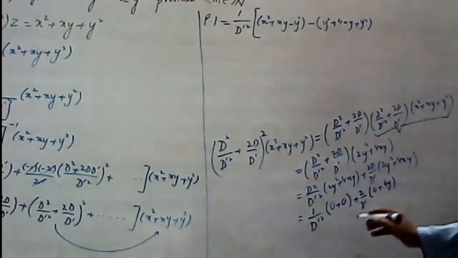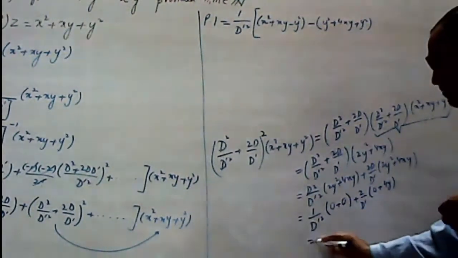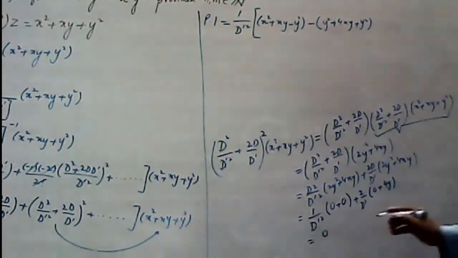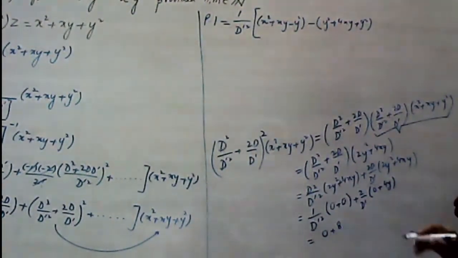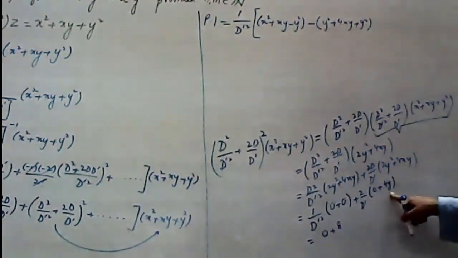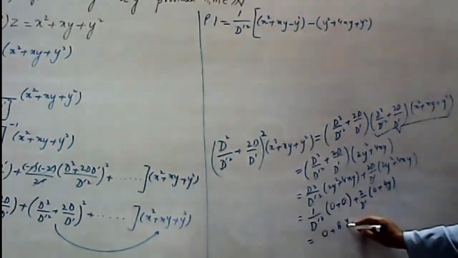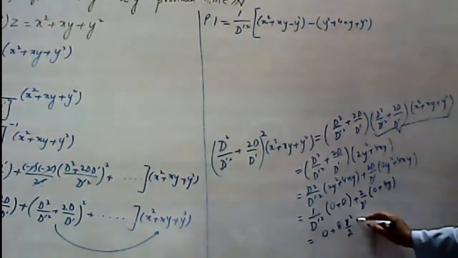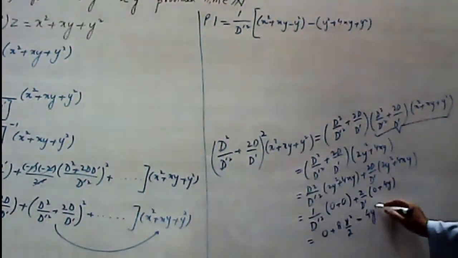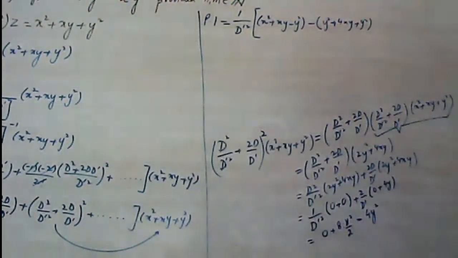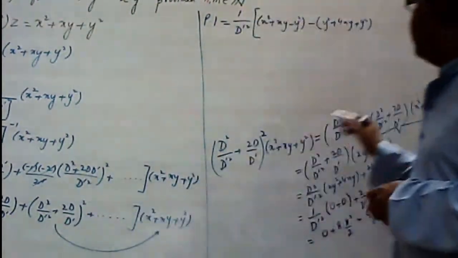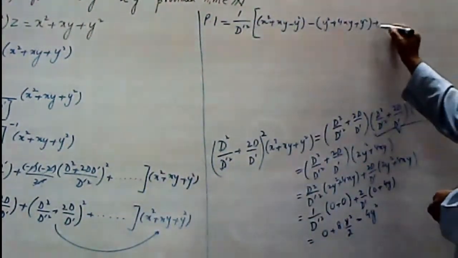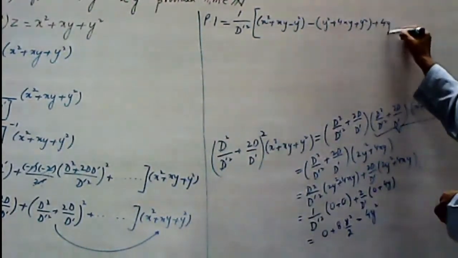Then we need to write the answer: the integral of 0 is 0, plus 2 fours are 8, and integral of y is y square by 2. So final answer is 4y square. So when we applied this term on this term, we have the final answer plus 4y square.